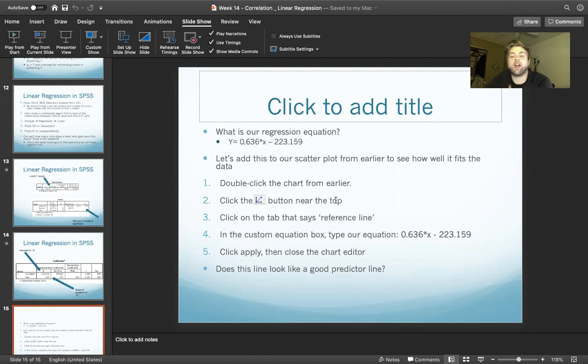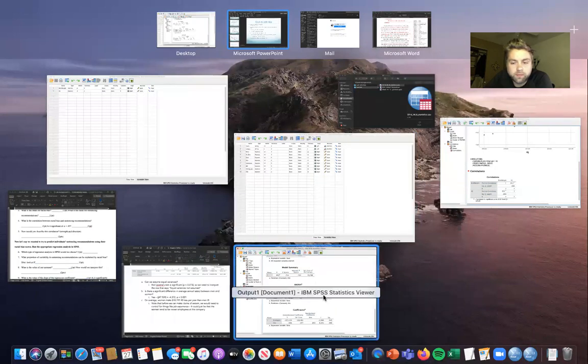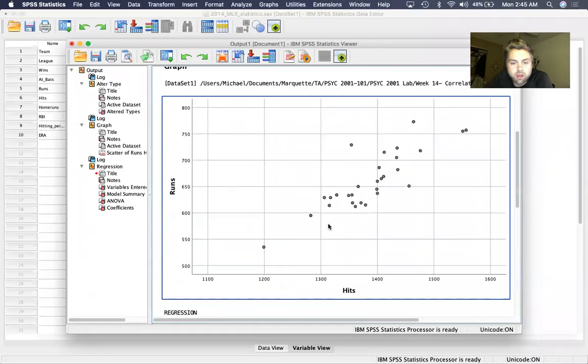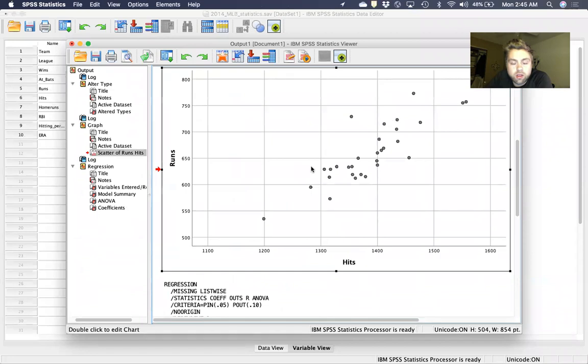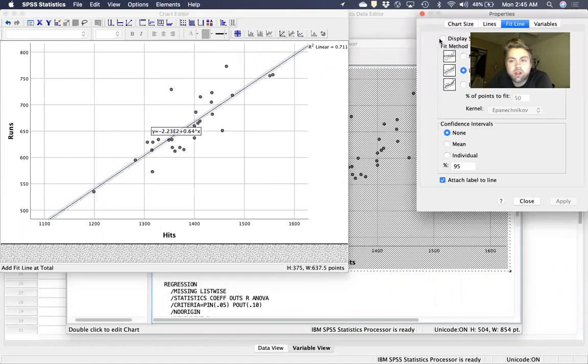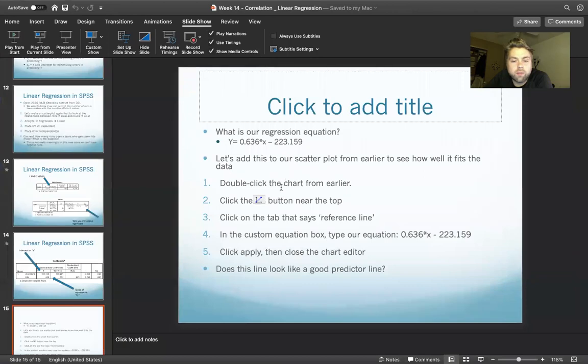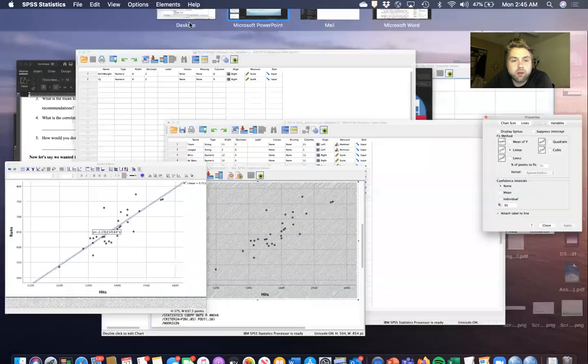So let's add this line to our scatter plot and see what happens. So I'm going to double click the chart. I'm going to click this line button on it. And this button, I believe. I may have clicked the wrong button.